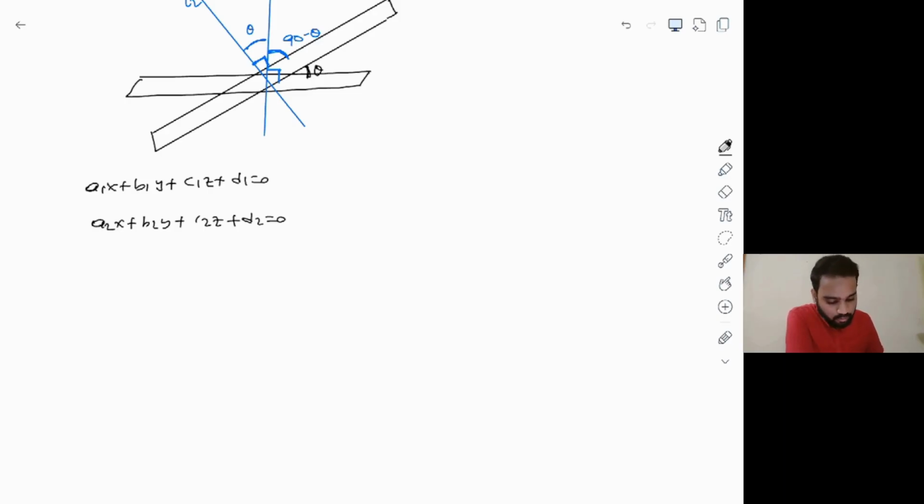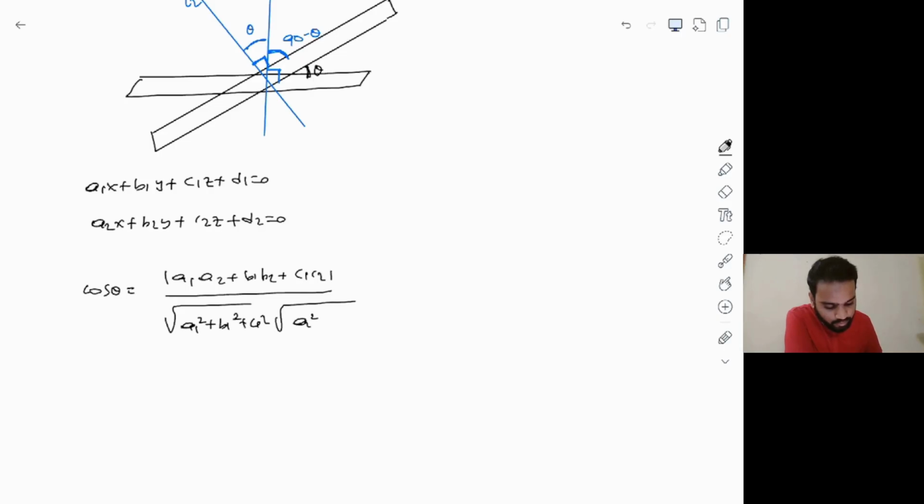So now if I want to find out the angle between these two planes, let it be some theta, then directly our formula will be cos theta is equals to, if you want the acute angle, modulus of a1 a2 plus b1 b2 plus c1 c2 whole divided by square root of a1 square plus b1 square plus c1 square multiplied by a2 square plus b2 square plus c2 square, right?